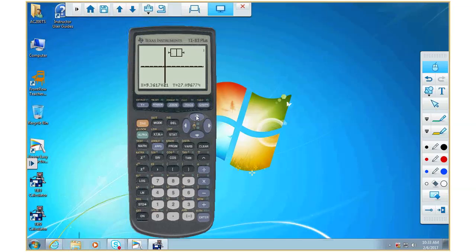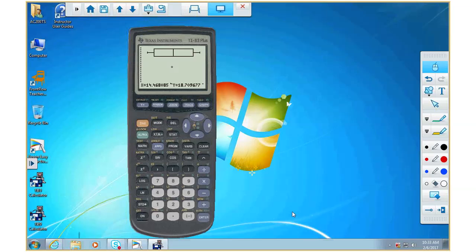Put the top left-hand corner right there. There it is. And you might have to bring it down a little bit more because I covered up the number line with the table, or turn the table off, whatever you want to do, but that's it.